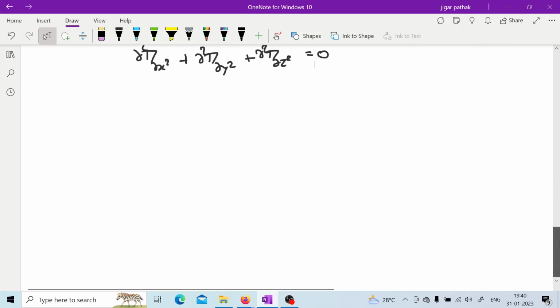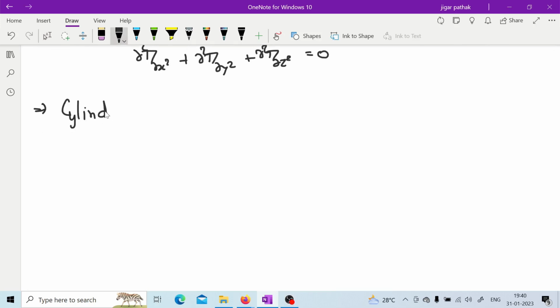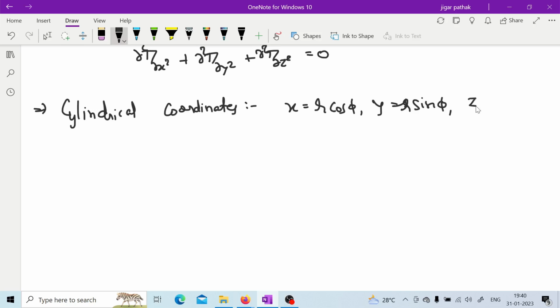Now for cylindrical and spherical coordinates, I am simply writing. For cylindrical coordinates, you have x equal to r cos phi, y equal to r sin phi, and z equal to z. For that you will have something like this. If you provide all those equations and simplify, then it will be like this.